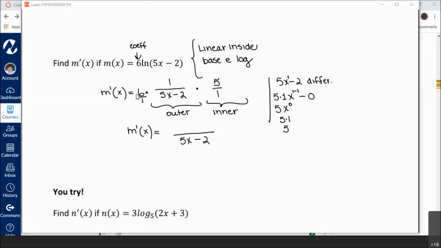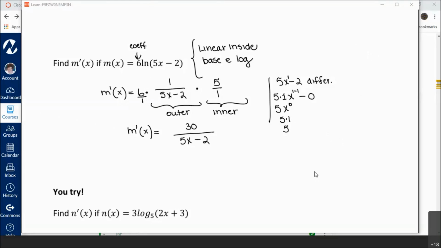I can multiply in any order, so the 6 times 5 shows up here. This little bit is not calculus, it's algebra. Okay with that one? Anybody have questions about the log examples?